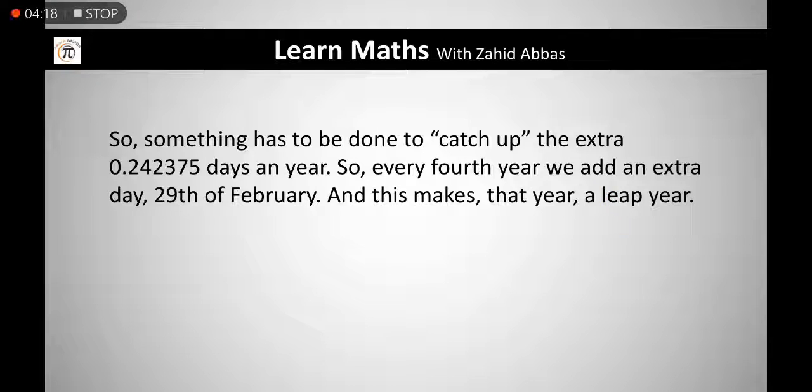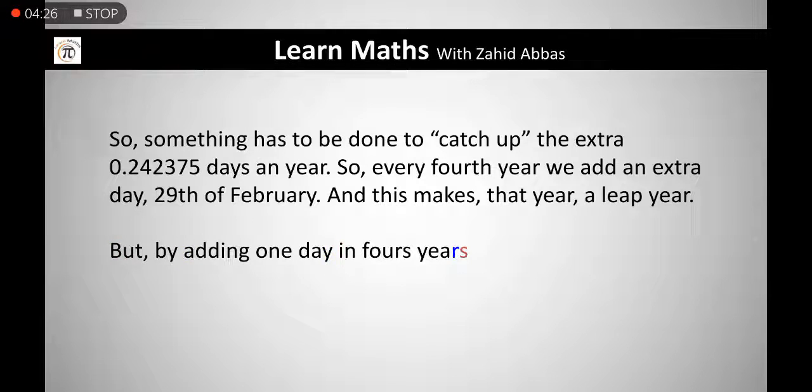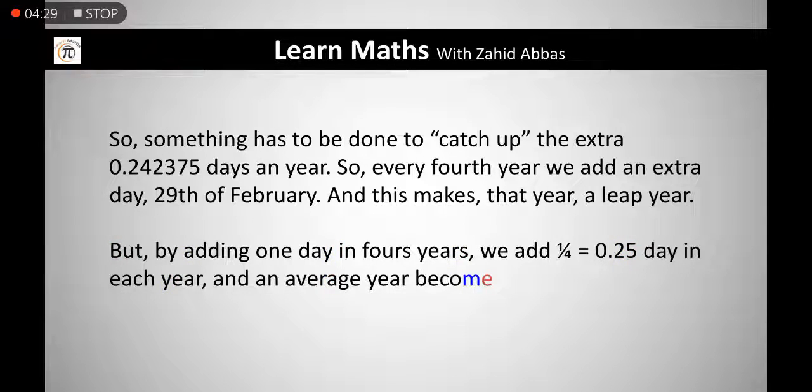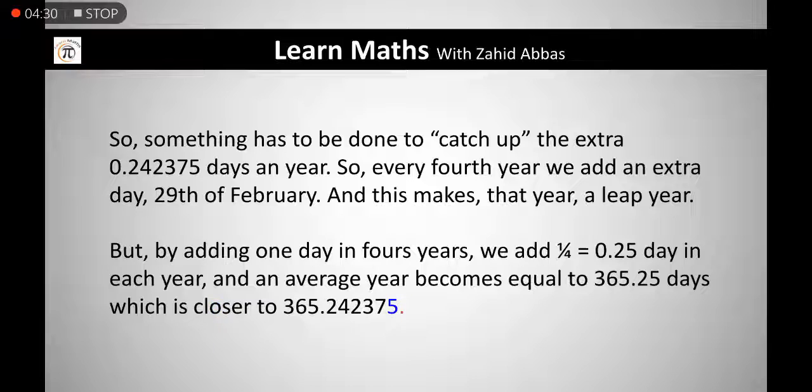So every fourth year we add an extra day, 29th of February, and this makes that year a leap year. But by adding one day in 4 years, we add 1 by 4, that is equal to 0.25 day in each year. And an average year becomes equal to 365.25 days, which is closer to 365.242375.